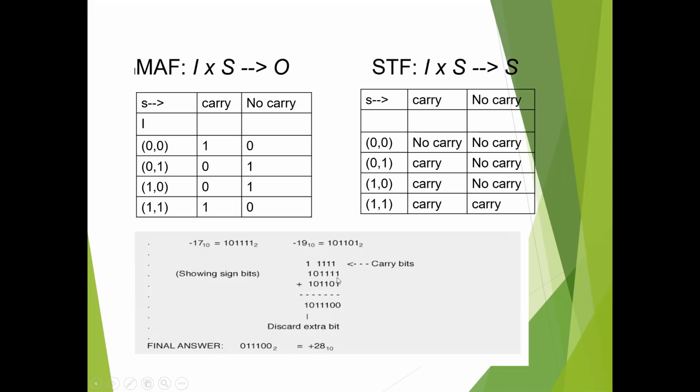So if you consider this is your 17 and this is 19, and now you are carrying this, when you are carrying two ones, if you see MF, the output will be 0. So output is 0 and there is a carry. You can see the carry is written here. Now here if it is 1 0 you are adding, with no carry the output is 1 and with carry the output is 0.